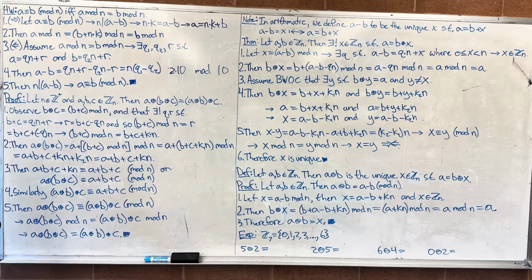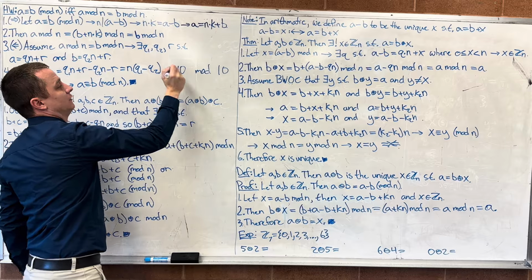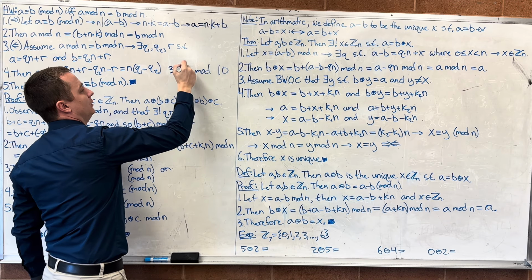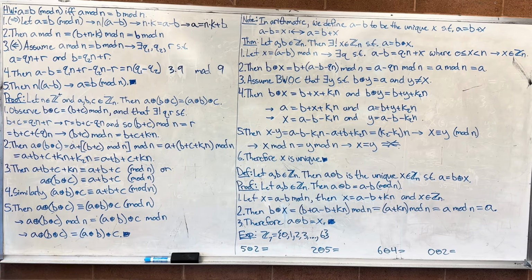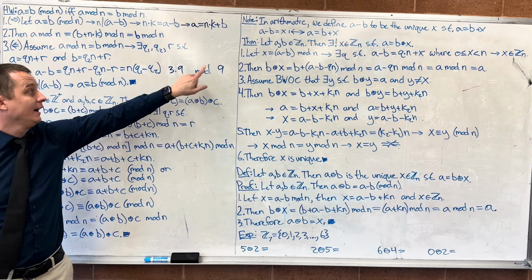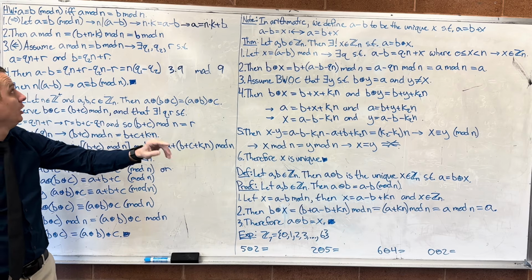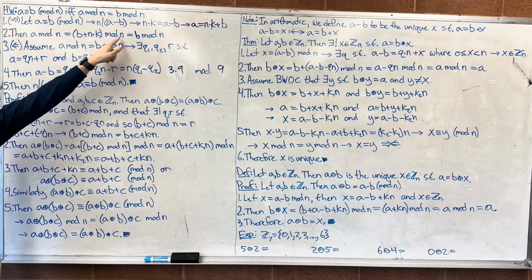Now what is it? 0. What if we do 3 10s? 3 10s mod 10 is 0. Well, what if instead of having a 10 here, I do a 9 and a 9? Still just 0. When I take some multiple of 9 and divide it by 9, I'm always going to get exactly what that multiple was, and the remainder will always be 0. So n times k mod n is always and forever 0, because it's n and n there.